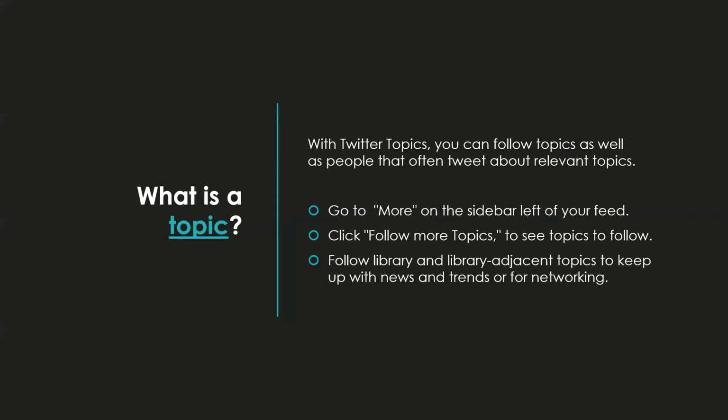You can follow different reading and book related topics. You should definitely be following publishers and other publishing companies. Twitter is very good for interacting with a lot of behind the scenes people, not just celebrities, which is very good for library work.